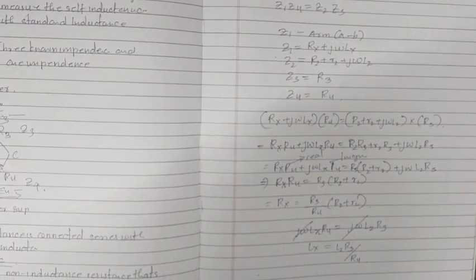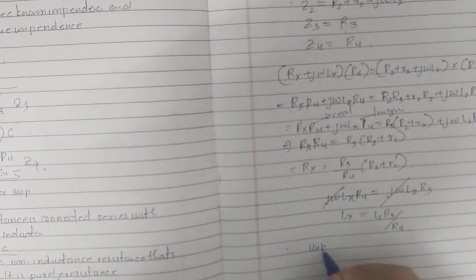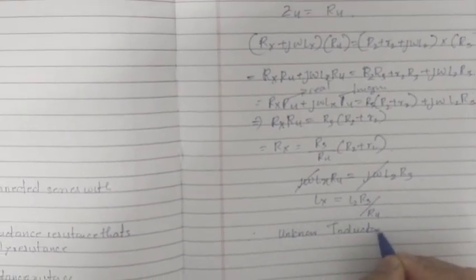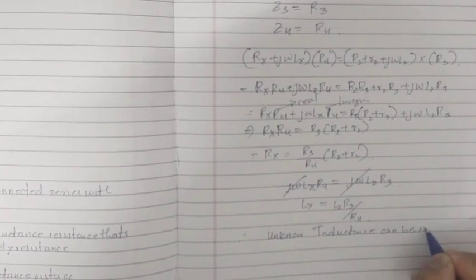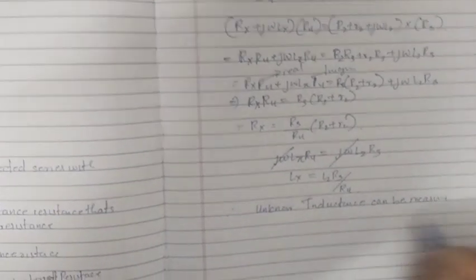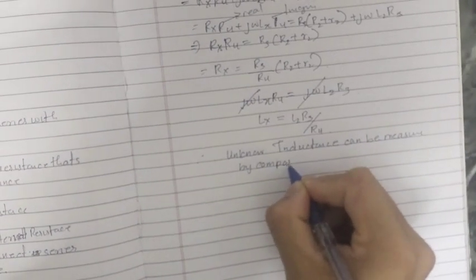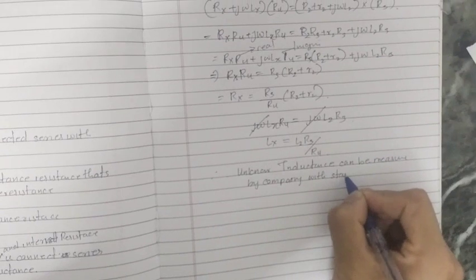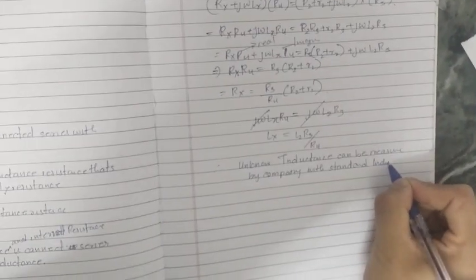Therefore, from this we conclude that the unknown inductance can be measured by comparing with the standard inductance, which is L2.